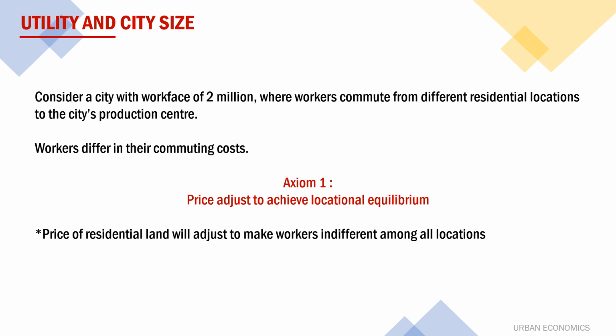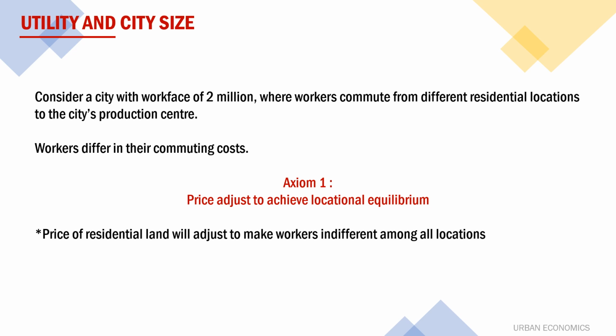Now we consider a city with a workforce of 2 million, that is shown in our figure by point M. And the workers commute from different residential locations to the city production center. And the workers differ in their commuting cost. And we refer to the first axiom, prices adjust to achieve locational equilibrium.